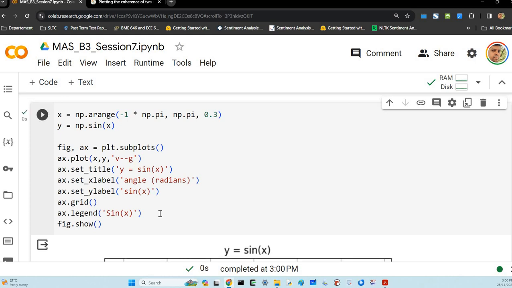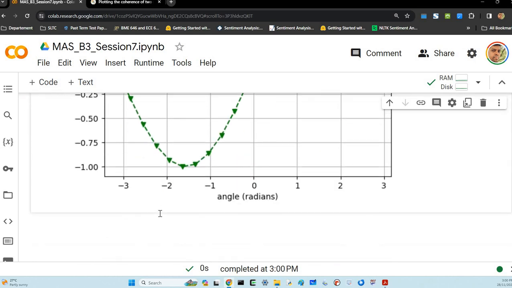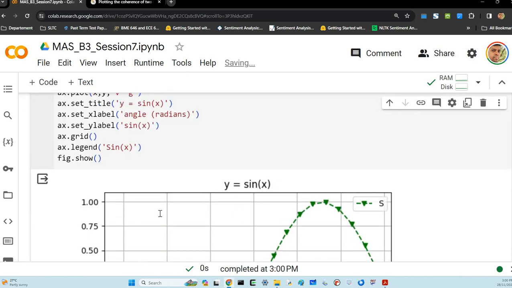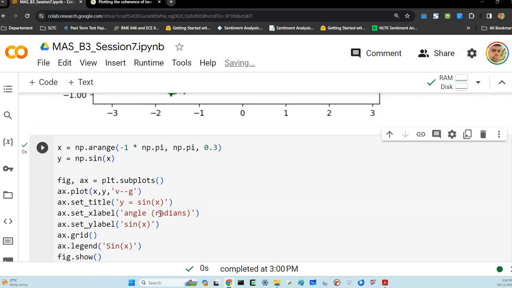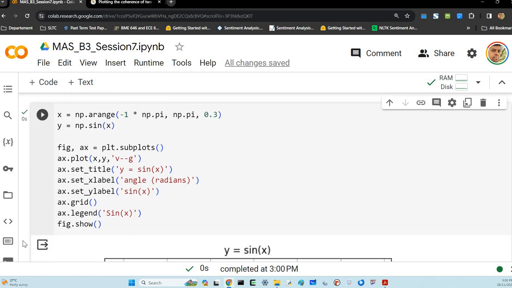So now you see we have a complete example, right? A simple line graph.